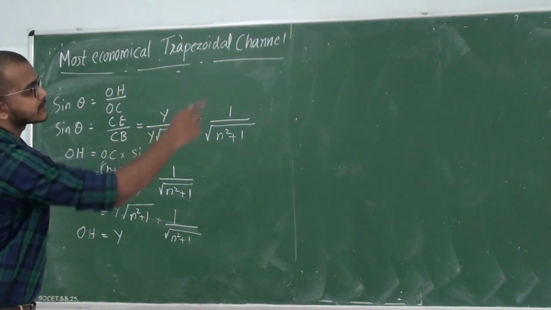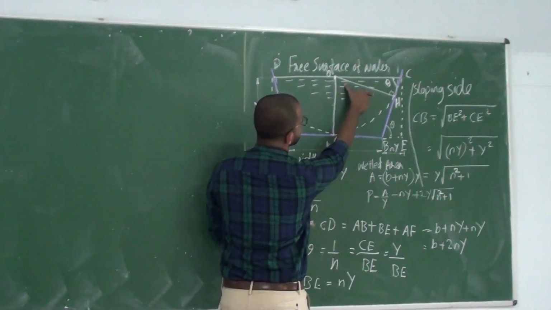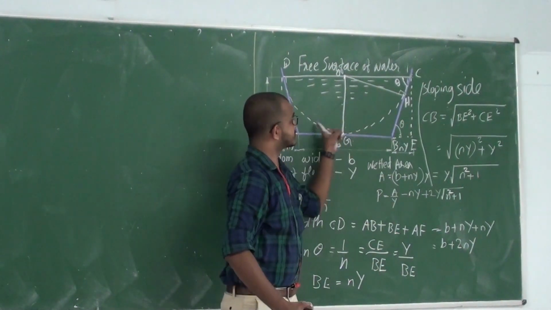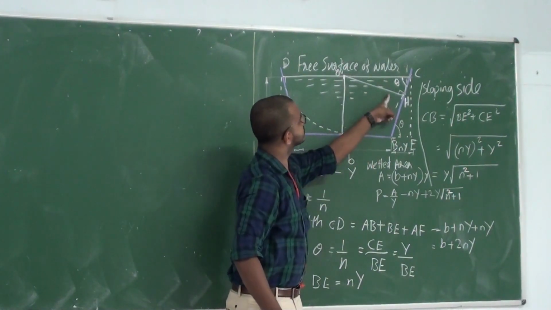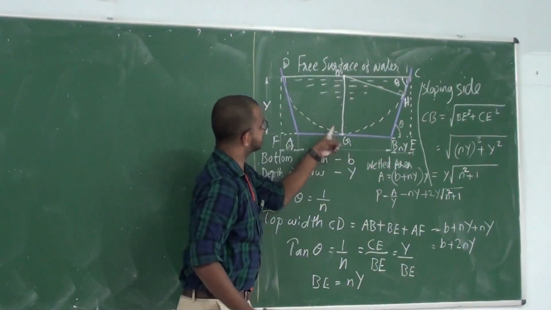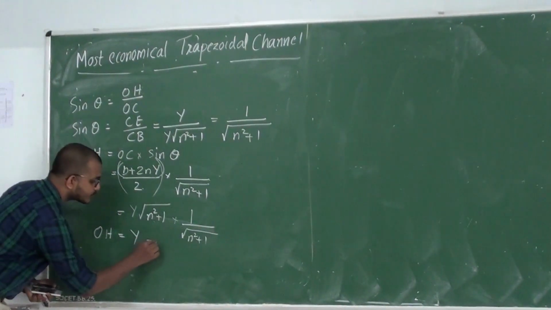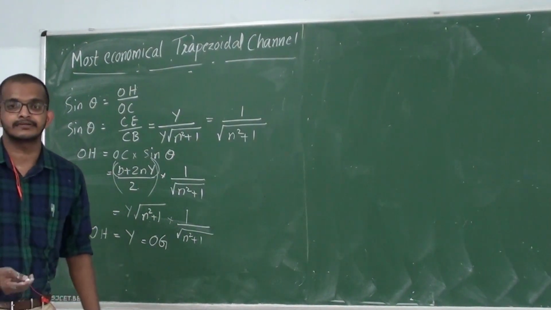Please note that OH is the length of the normal that we have drawn where the semicircle meets the sloping side. So OH is equal to OG, and OG is nothing but y. So what does that mean?